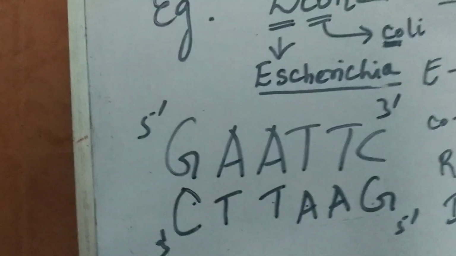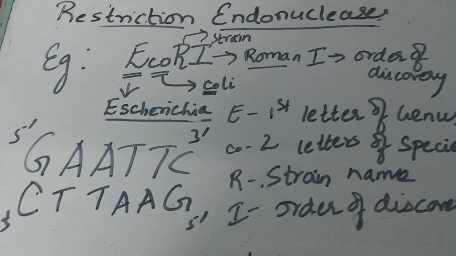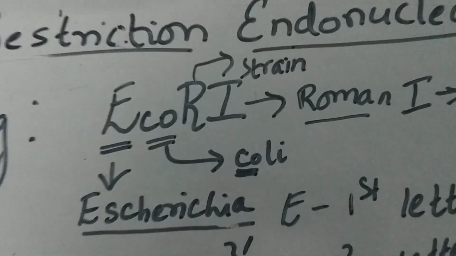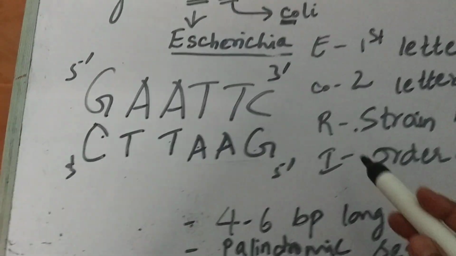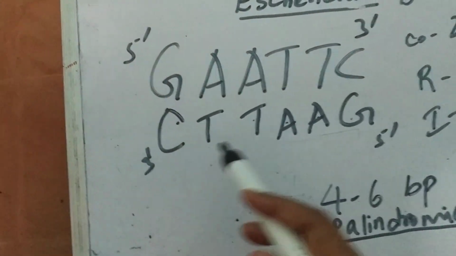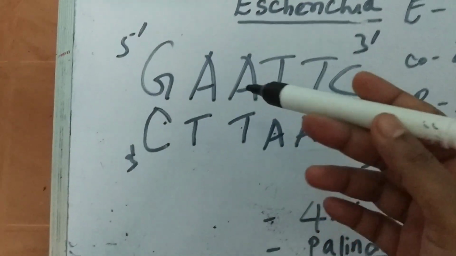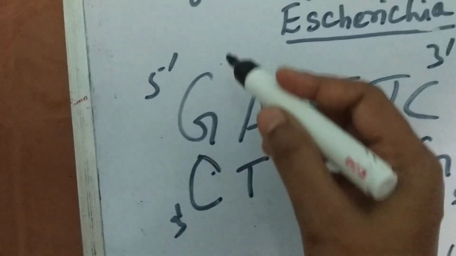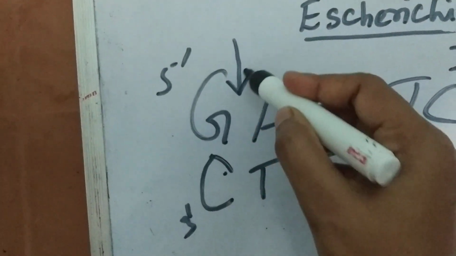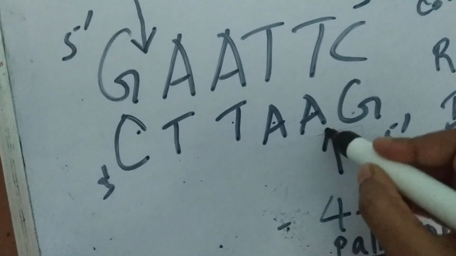Alright. So this is about the enzyme called EcoR1. We just saw how to name the restriction endonuclease and also the sequence that it recognizes. So it recognizes this sequence and it cleaves the sequence at this point.